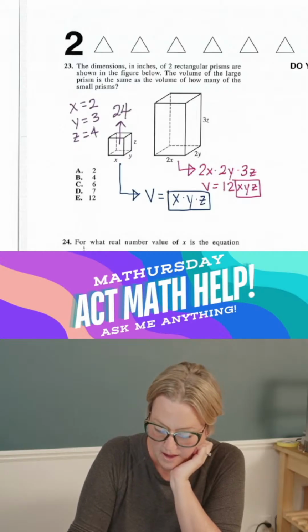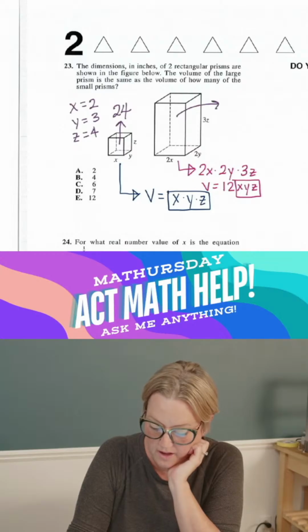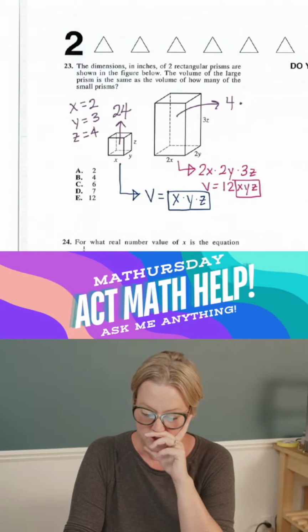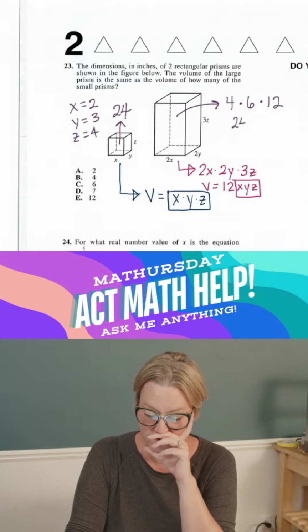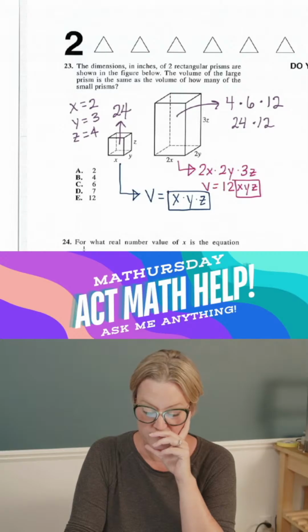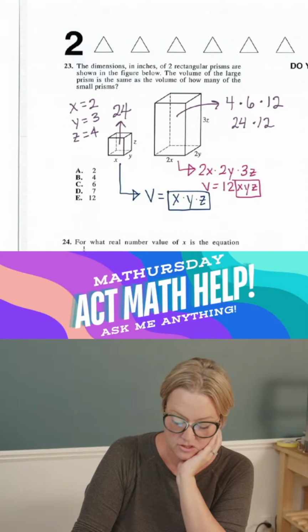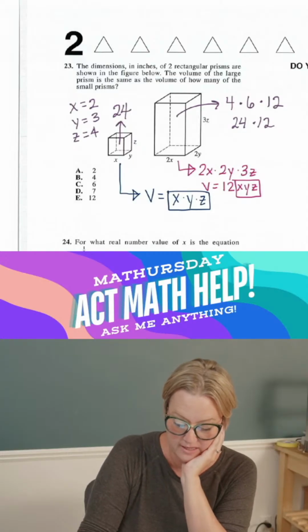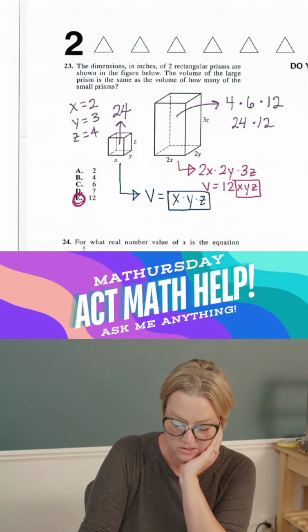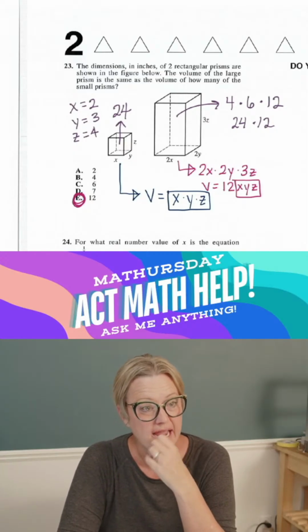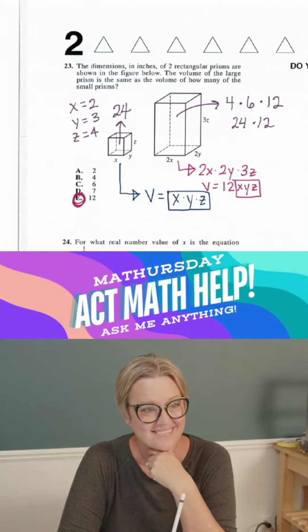The volume of this one would be 2 times 2, which is 4, 2 times 3, which is 6, and then 3 times 4, which is 12. Now again, look at this, guys. You've got 24 times 12. So again, it's 12 times larger than the smaller one. So right there, that's 2 different ways of showing that the answer is E. We could fit that many in there, because it's 12 times more.